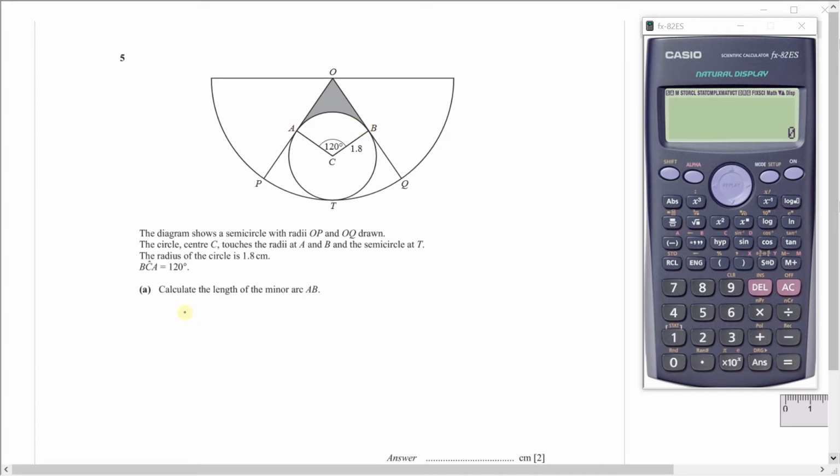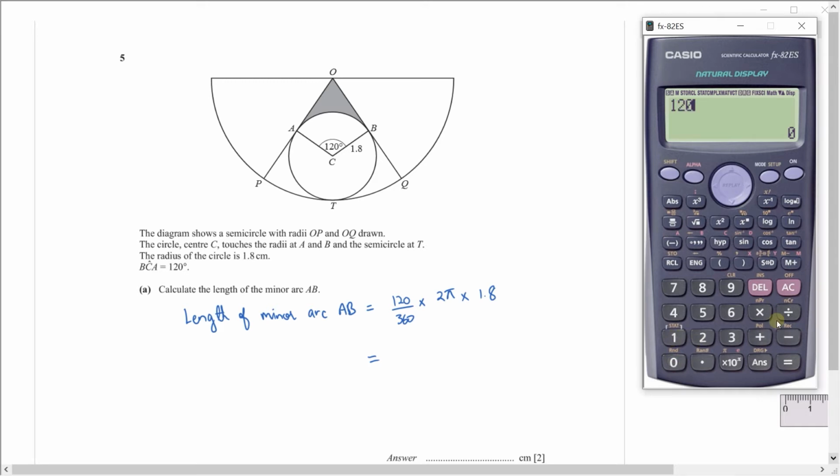So this will be pretty straightforward. The length of minor arc AB would be simply this angle over 360. So 120 over 360 into 2 pi r, and the r is this radius 1.8.